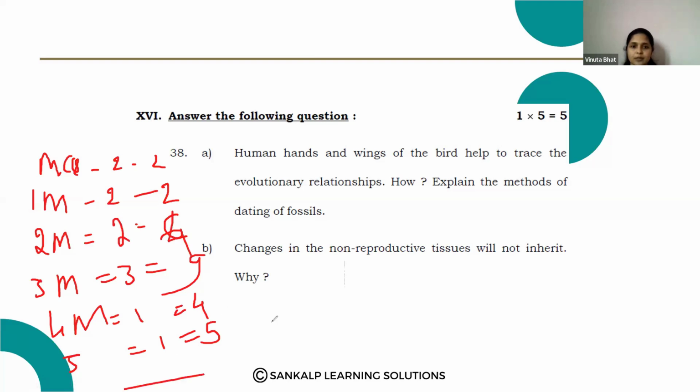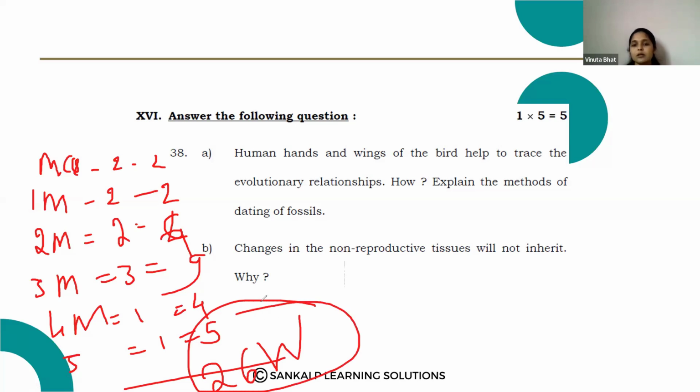Total from the biology, 9 plus 9, 18, 18 plus 4, 22, 22 plus 4, 26 marks. From your biology section, you will get 26 marks. Sometimes it may vary. Okay. Total 26 marks. From physics, 28 marks.